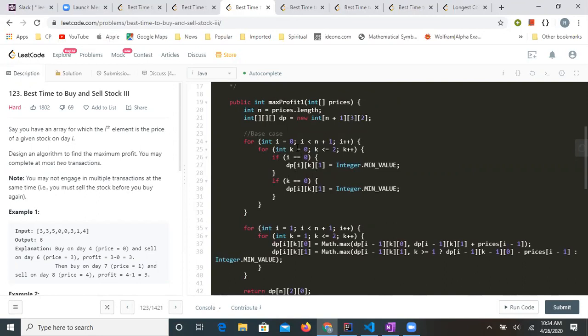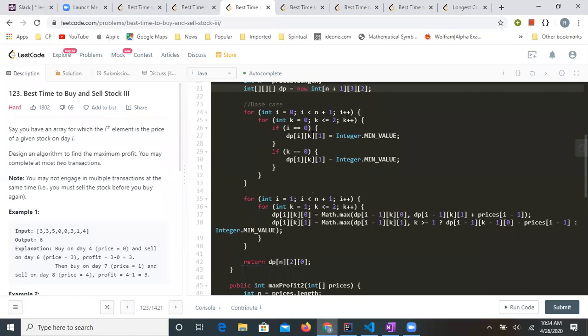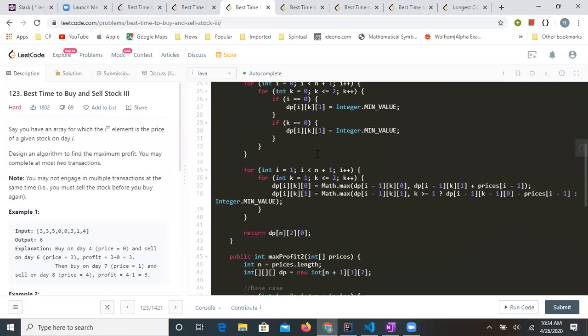Here I have defined 3 values for k because I can have 0 transactions, 1 transaction, or 2 transactions. The state is the same: either I can have 0 stocks in hand or 1. And then we are just doing the same kind of loop, same initialization and same equation.